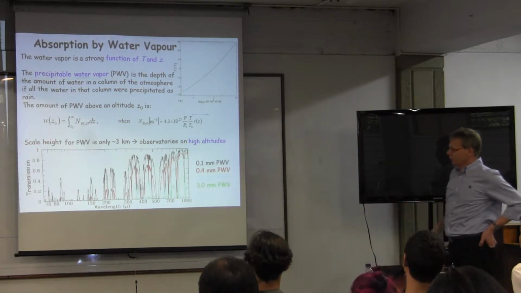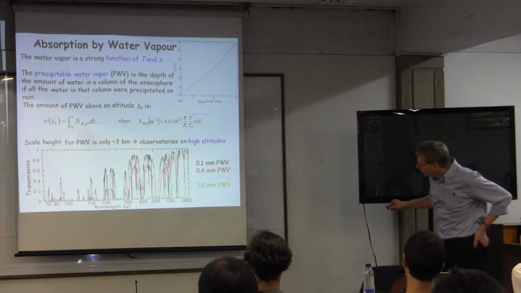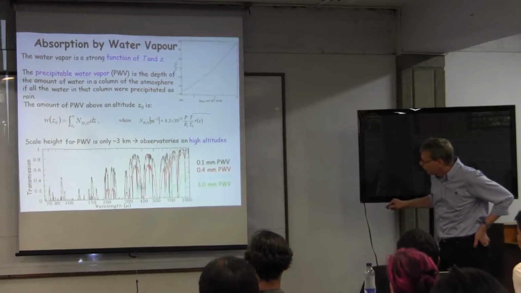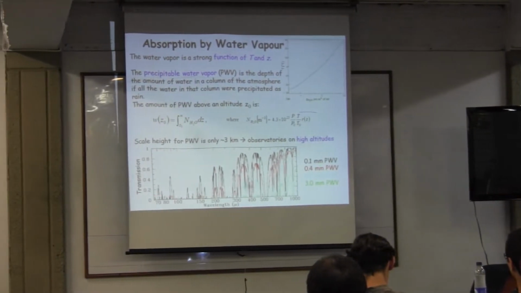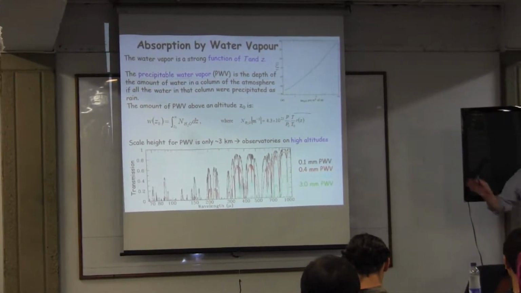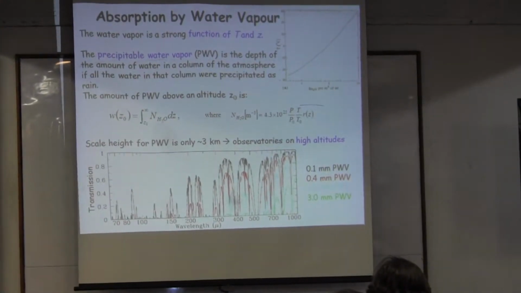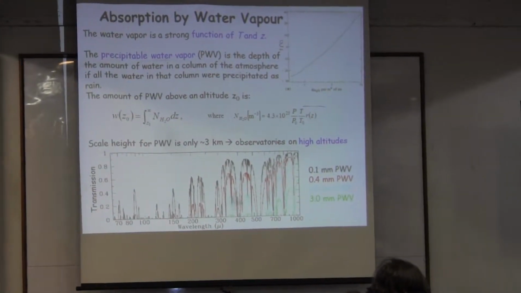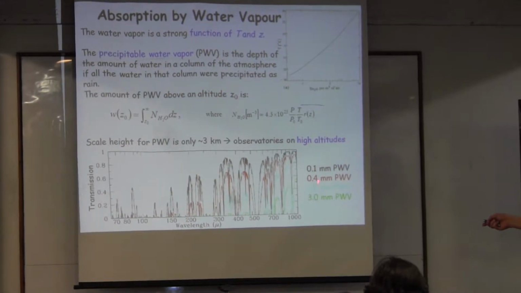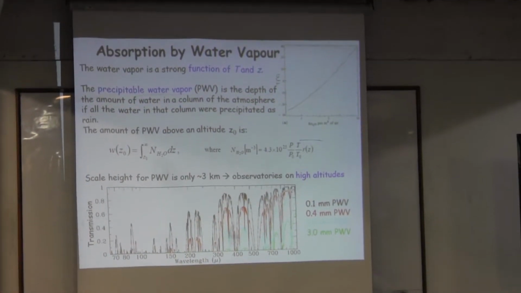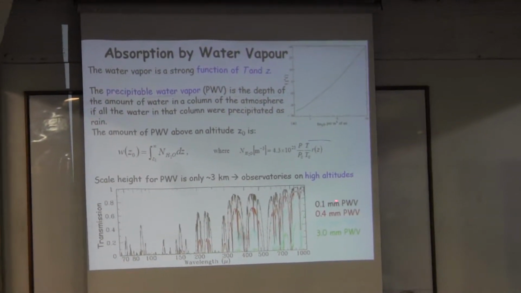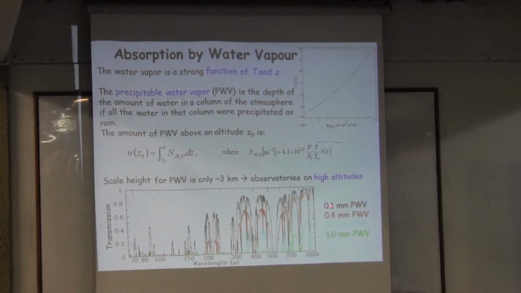If you had 3 millimeters of water vapor, well, this is the green curve here, you have 5% transmission. Forget it. Don't even waste your time. Now, of course, these numbers may not mean much to you, but 0.1 is exceptional.